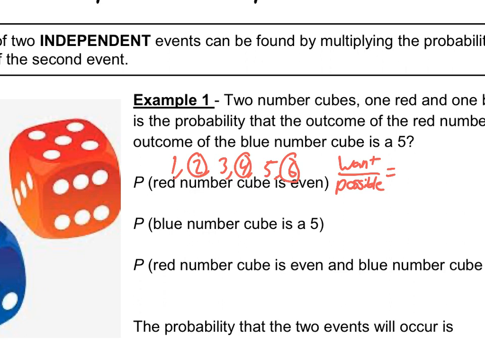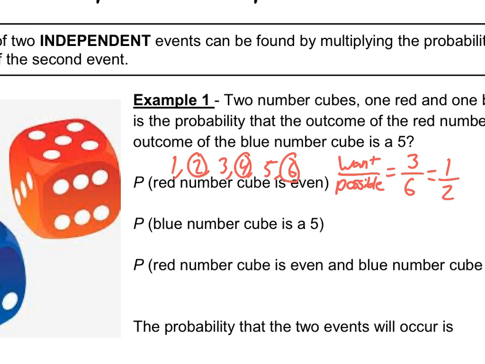So we want even, and there are 3 evens, and there are a total of 6 possibilities. So 3 over 6 is perfectly fine. I'm going to go ahead and simplify it. 3 goes into 6 twice, so our probability for this one is just going to be 1 over 2.